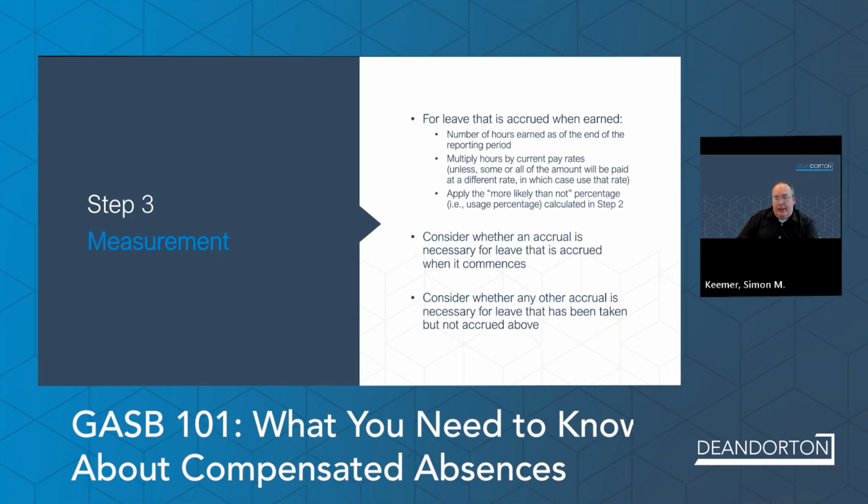Once you've done hours times pay rate, you're then going to apply that more likely than not percentage, i.e. the usage percentage that you calculated in step 2. So if you've said, I only have PTO, I don't have any other leave that is accrued when earned, and I've done my historical analysis, approximately 80% of PTO that people accrue, they end up using or we pay it out.